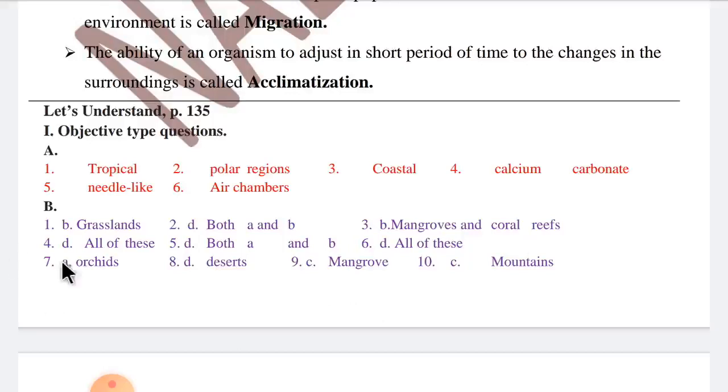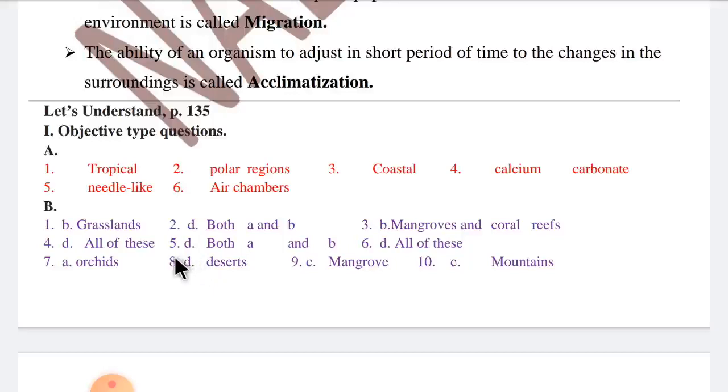Next is the fourth one: which of these are adaptations that organisms show? The correct answer is D, all of these, means changes in body, changes in behavior, changes in location. Right.